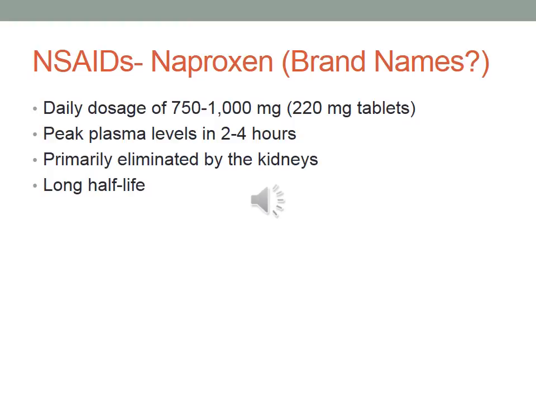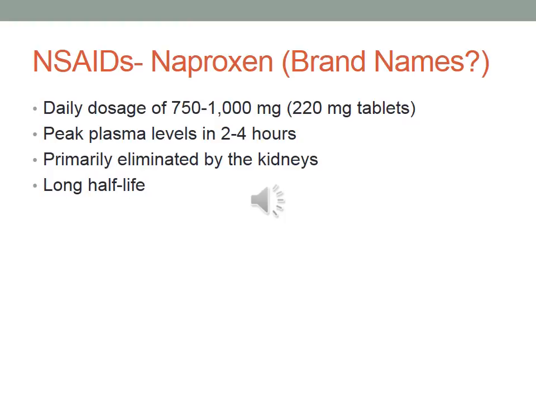Naproxen sodium is another NSAID, very commonly sold over the counter. It's also prescribed. The most common brand name you would see for this would be Aleve. As far as the daily dosages, it is a little more potent than ibuprofen, so the daily dosages are between 750 and 1,000 milligrams. You will find these in 220 milligram tablets.